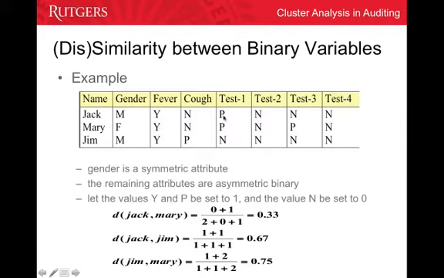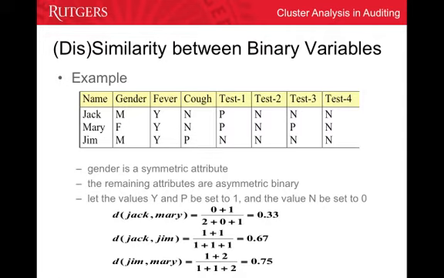So for these 6 asymmetric variables, let's calculate the similarity between these 3 data objects, or 3 persons. We are based on these 6 asymmetric binary variables. For example, we let the values Y and P, positive, equal 1 because they are more important, and then we let the value N, or negative, equal 0.